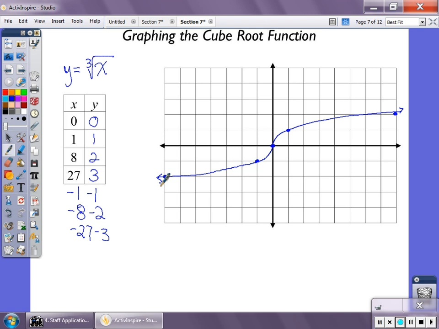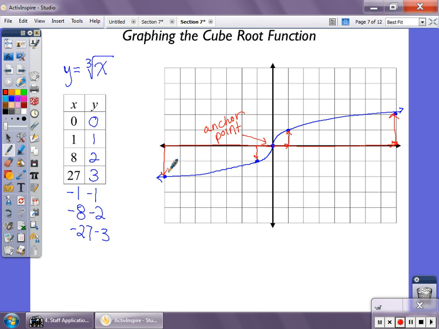And just like with the square root, we'll go ahead and call this our anchor point. And note, from the anchor point, you go right 1, up 1, right 8, up 2. But you also go left 1, down 1, and left 8, down 2.